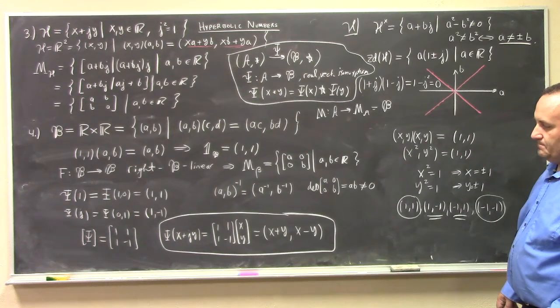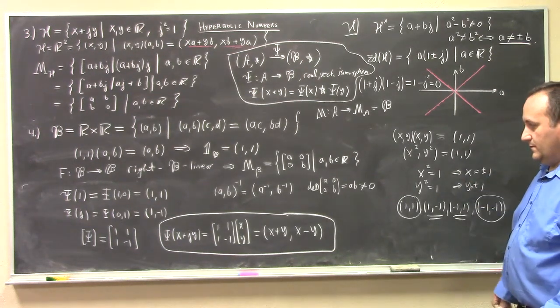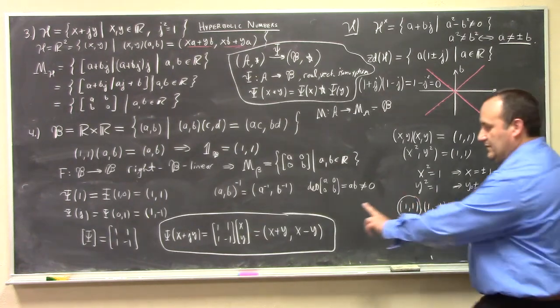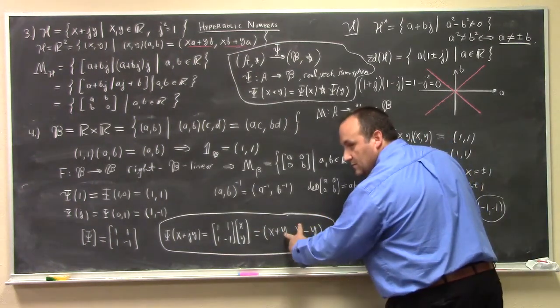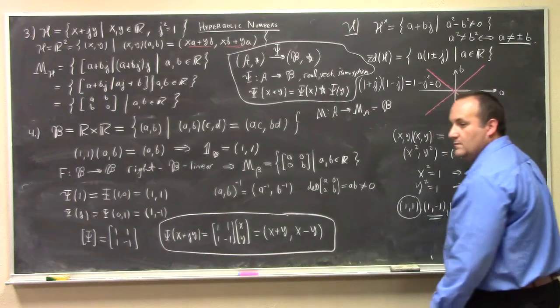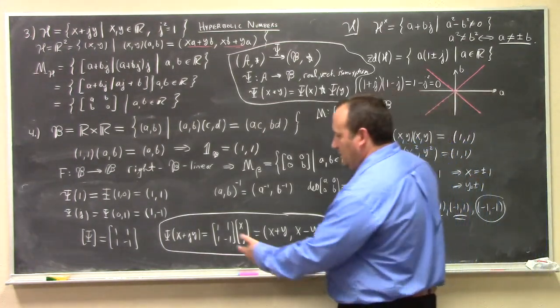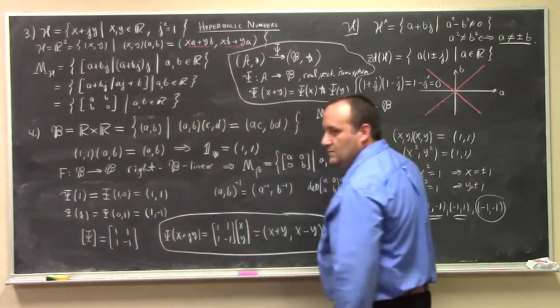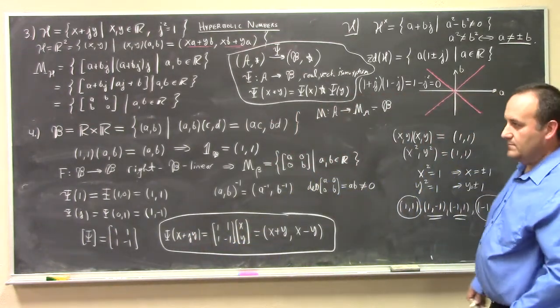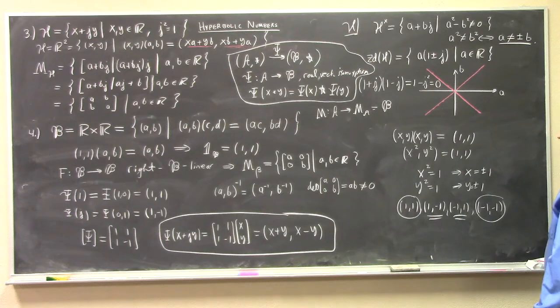If you made the other choice for the solution over here, that would have the effect of switching this plus and minus, which, interestingly, would also have the effect of conjugation over here. Kind of funny.